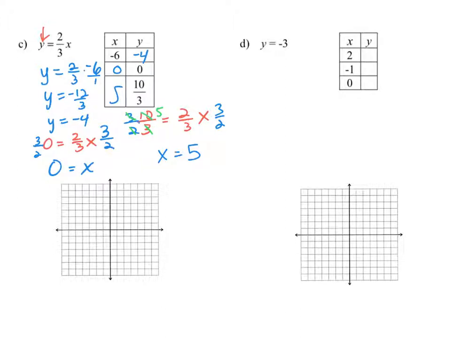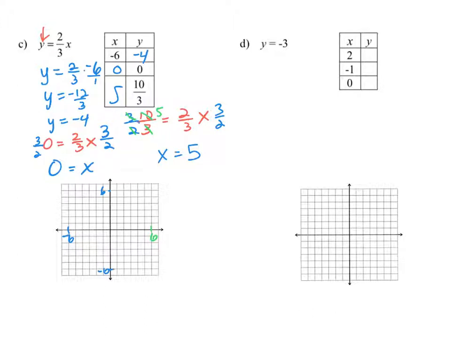Now we can plot these 3 points. Let's begin with labeling the x and y axis. We can label out to 6 in all directions.